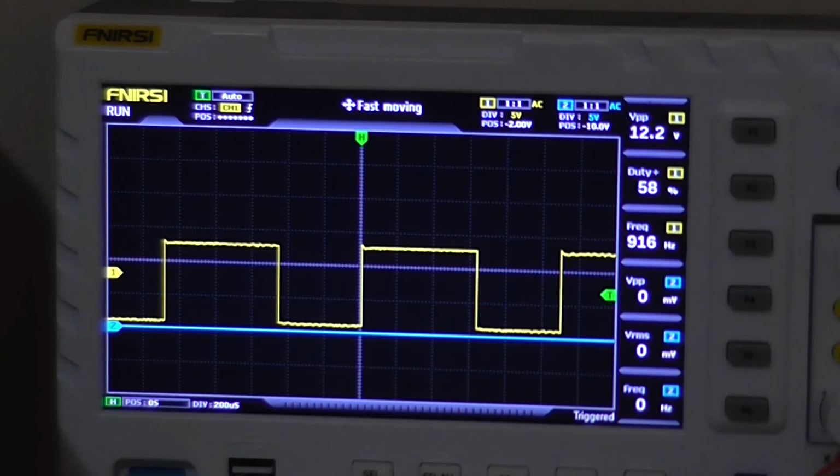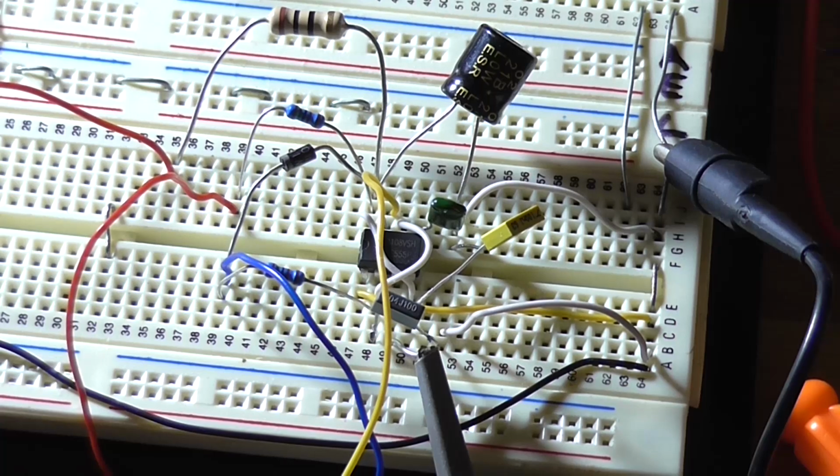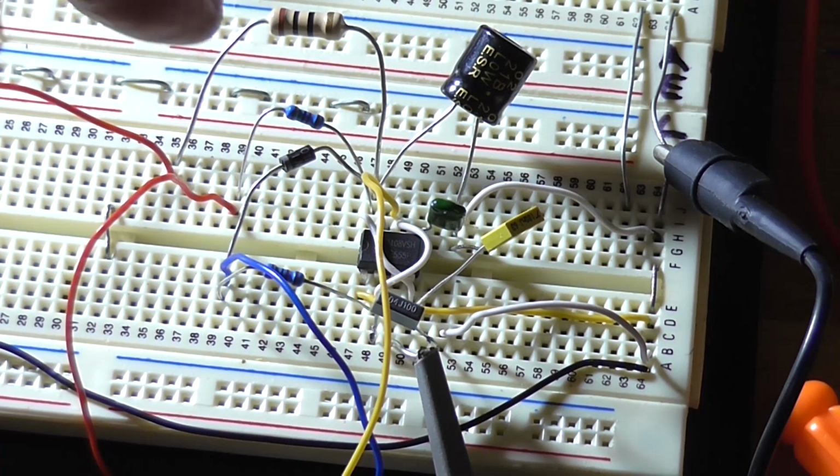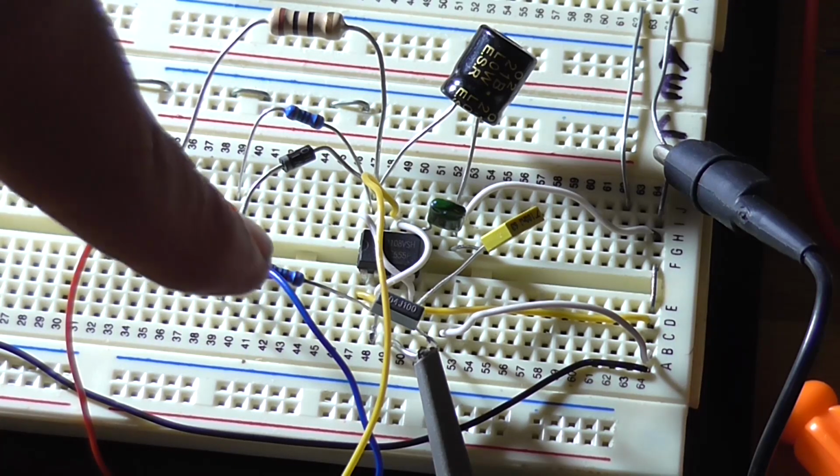So that is an interesting result, but it does kind of make sense because we're varying the resistance between discharge and the threshold pins.